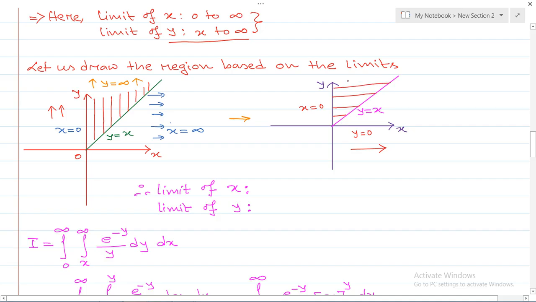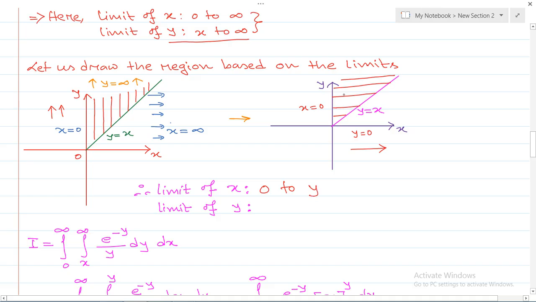So from the diagram you can understand from where x is basically starting. So x is starting from 0, but x is going up to y only, because this is the line over which x equals y, it cannot cross this line. So what will be the limit of x? x will start from 0, it will go maximum up to y only, and y will start from 0.